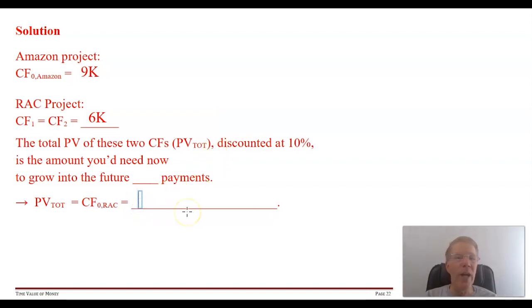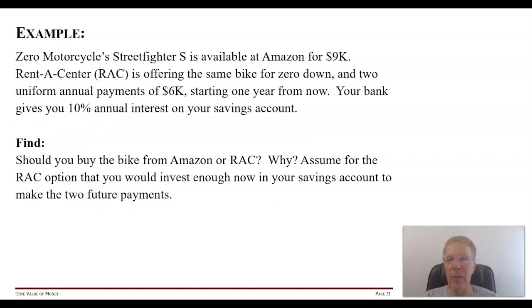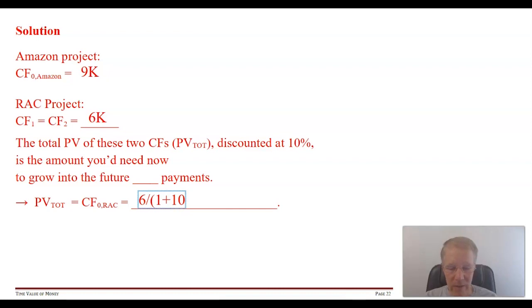Okay, so for Rent-A-Center, CF0 is going to be equal to one of those 6,000 discounted by 10%, and that would be our starting point, tranche A, and then another 6,000 discounted by 10% for 2 years, and that would be our tranche B. Okay, so that's going to be 6 over 1 plus, let me remind myself of the interest rate that we're getting from the savings account.